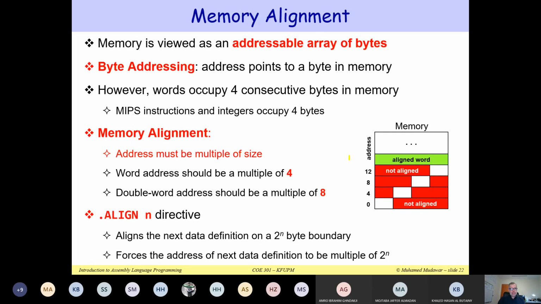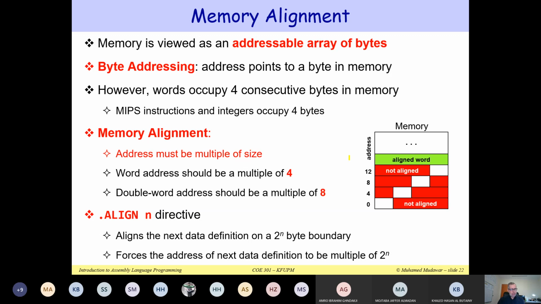When you look at memory, you can view it as an array of bytes, and each byte has an address in memory. We call memory addressable. You provide the address of a given byte, and then you can read or write that byte.